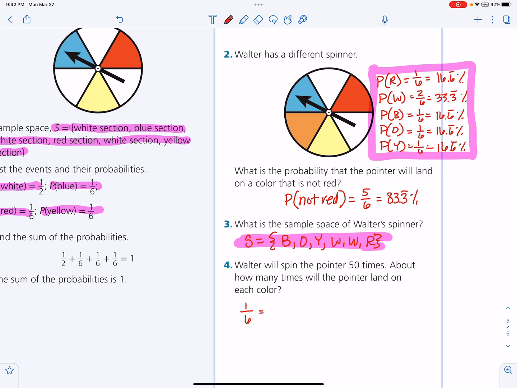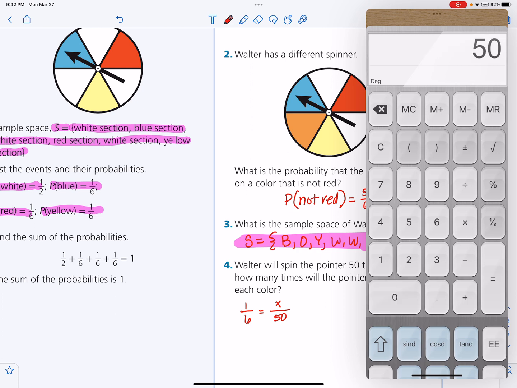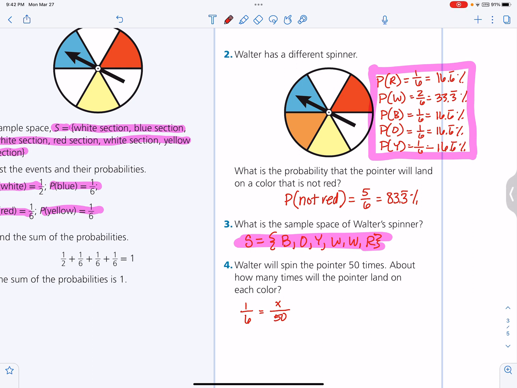Set it equal. We're predicting if we did 50 times, what would the amount of times it lands be. So let's check the multiplier. 50 divided by 6, 8.3 repeating. And so because that's a multiplier and it's actually going to be times 1 in the numerator, that's actually the answer in the top. So 8.3 repeating.